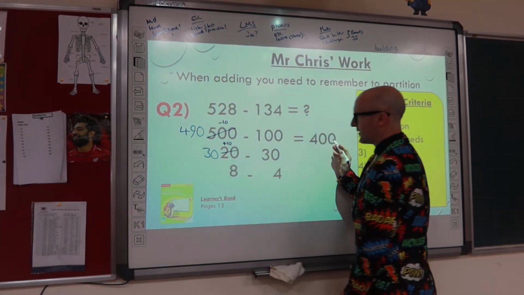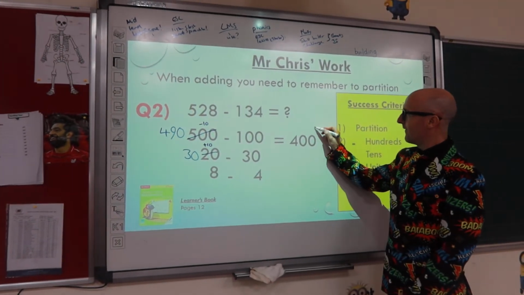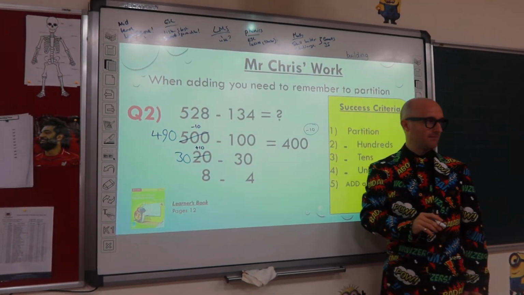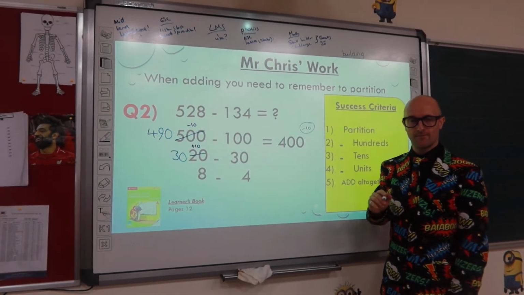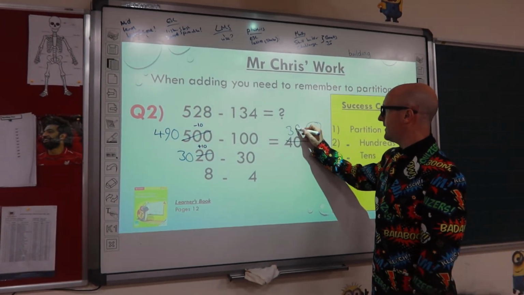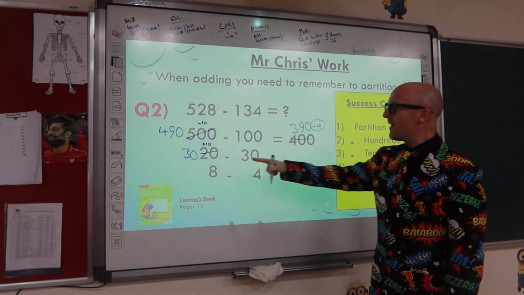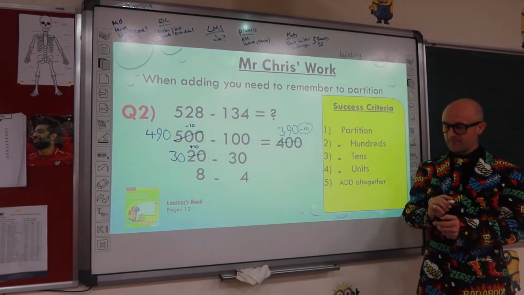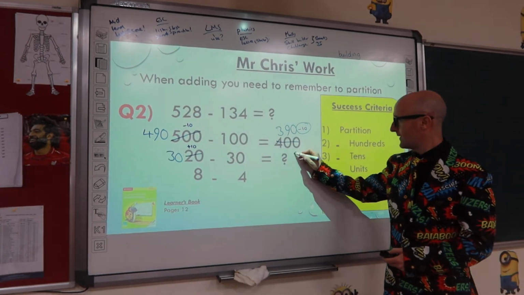So we then need to minus 10 from here as well. What's 400 minus 10? 390. Excellent. Now I've got 30. So 30 minus 30 equals 0.